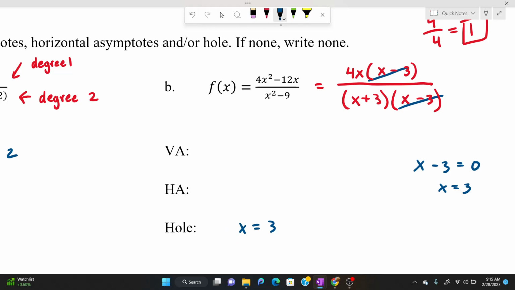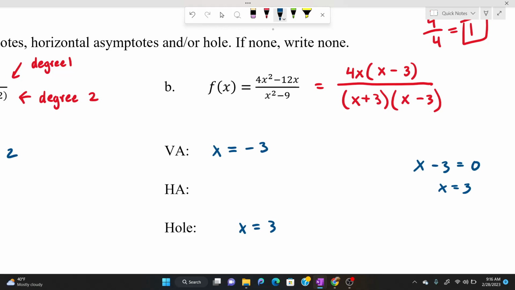The vertical asymptote will be at this factor that did not get canceled, which is x plus 3. That will be 0 when x is negative 3.